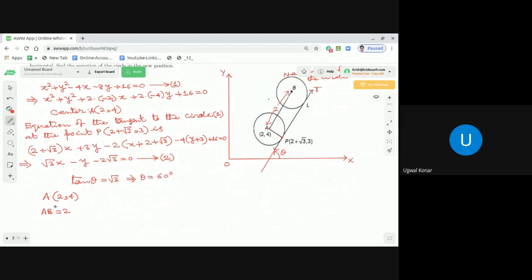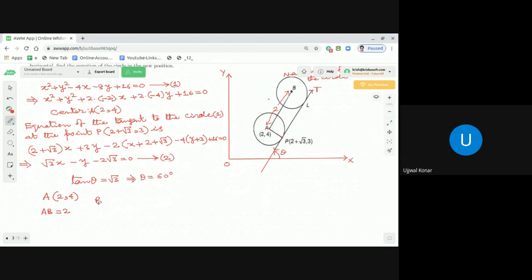If the tangent has an inclination theta, then obviously that line AB should also have inclination theta, na? Because the line segment joining the centers of the circles in the old position and new position, that is AB, should always be parallel to the tangent T. So then the inclination of the line AB is theta.